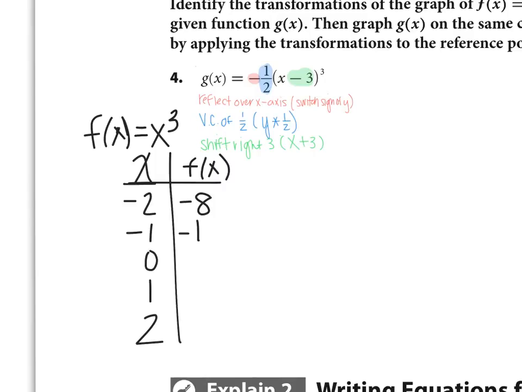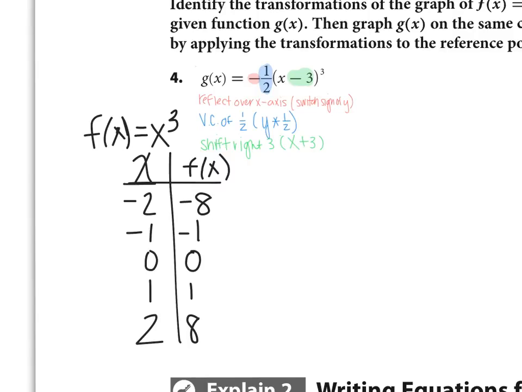Oh, did I say -2? I'm sorry, I meant to say if x is -1, then f of x is -1. There we go. If x is 0, then f of x is 0. And then for 1, it's 1, and 2 is 8, which we already did the math on, just different signs. So I've got all these.